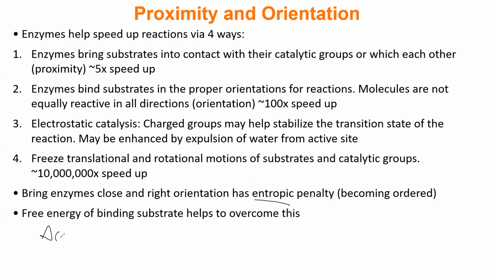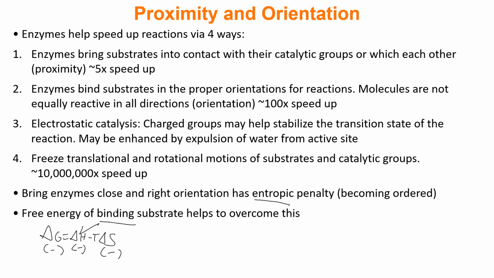because binding a substrate, remember our equation, binding a substrate is spontaneous. Delta G is negative. However, there's an entropy penalty, so delta S is negative. Therefore, the reason why this is spontaneous is because of enthalpy. And we get this enthalpy from binding, right?